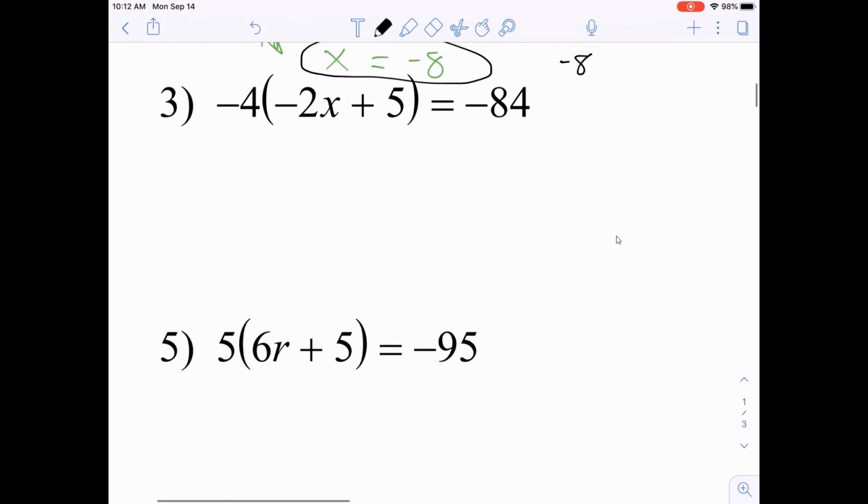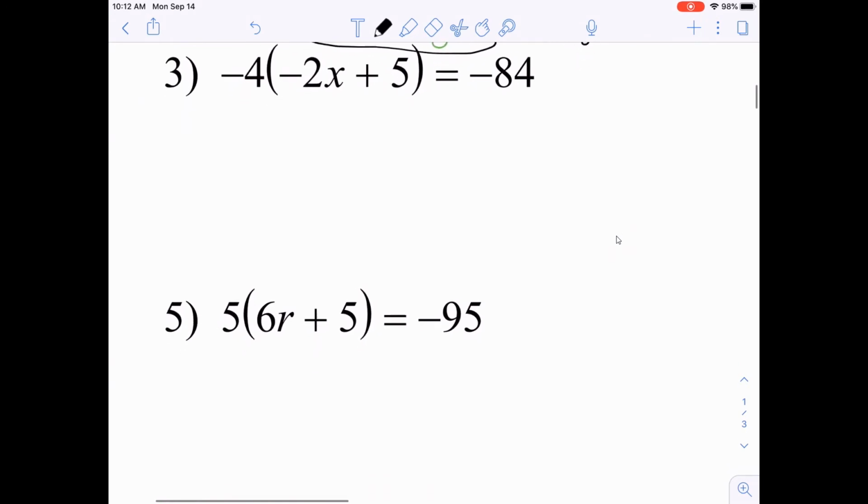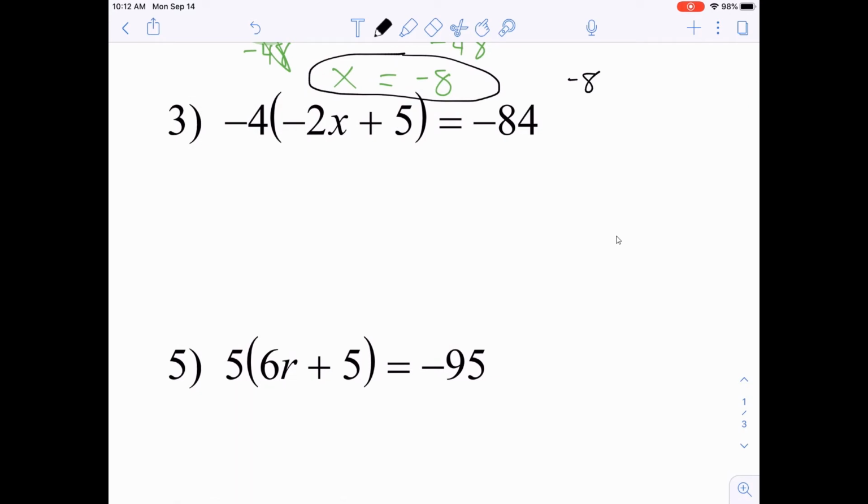Looking at problem number 3, it's going to be similar steps, very similar. The first step is to rewrite the problem. The next step would be to do the distributive property, negative 4 times negative 2, negative 4 times 5.